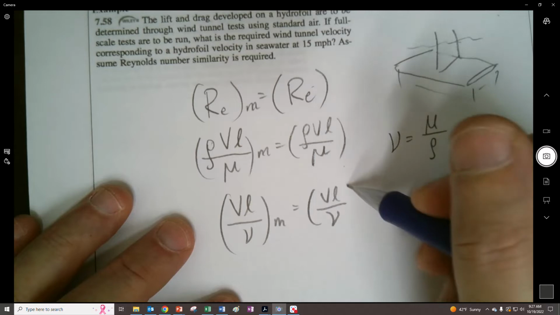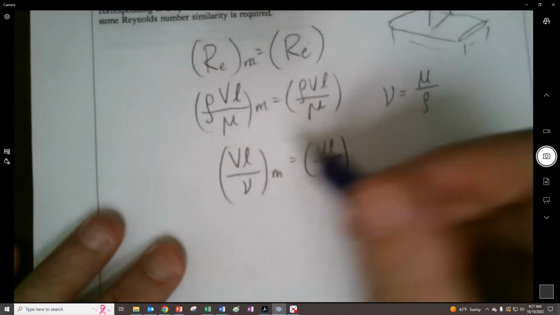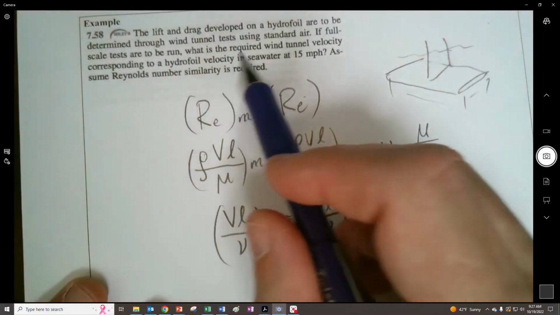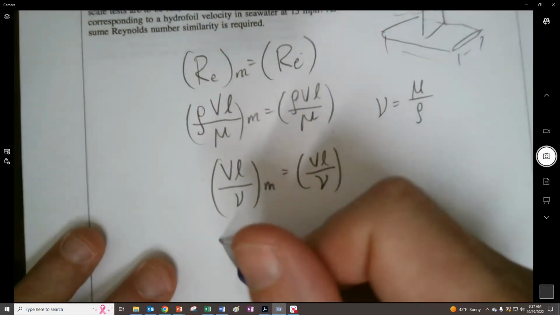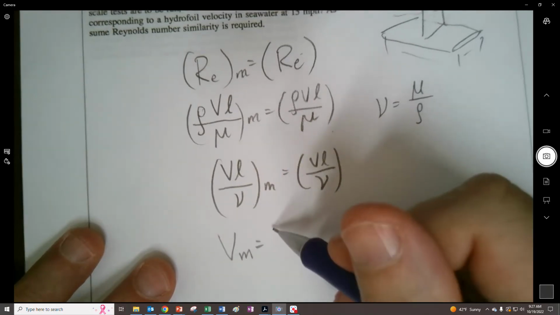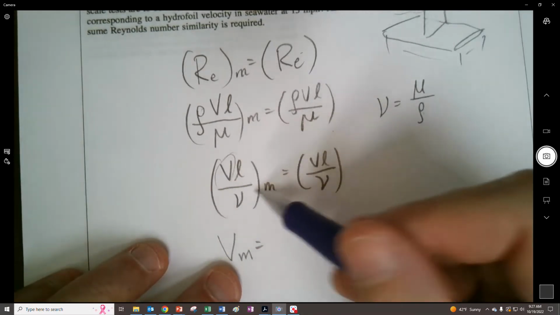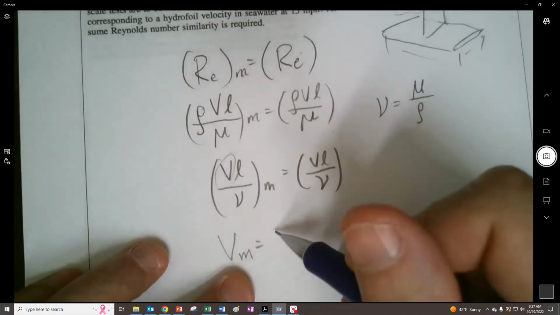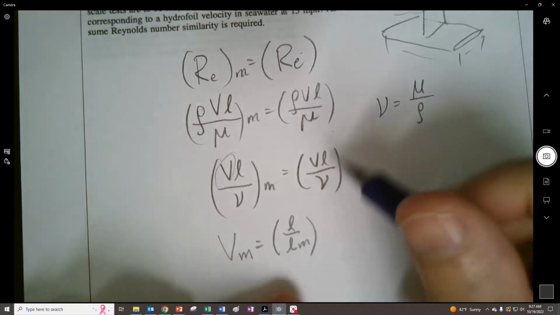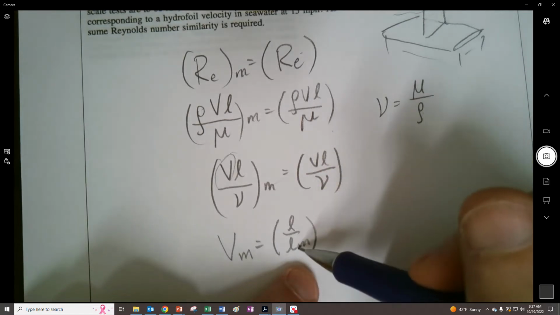And we could rewrite this, since our goal here is to find the velocity. What is the required wind tunnel velocity, right? So we want to find what the model velocity needs to be. We can arrange that and bring everything over to the side so that we see what these scales are. So here's the length of the real thing versus the length of the model.